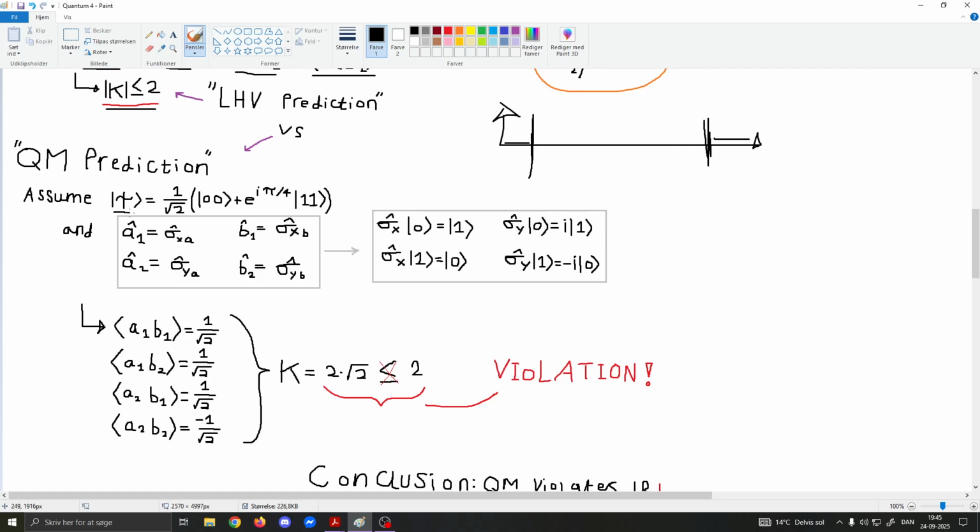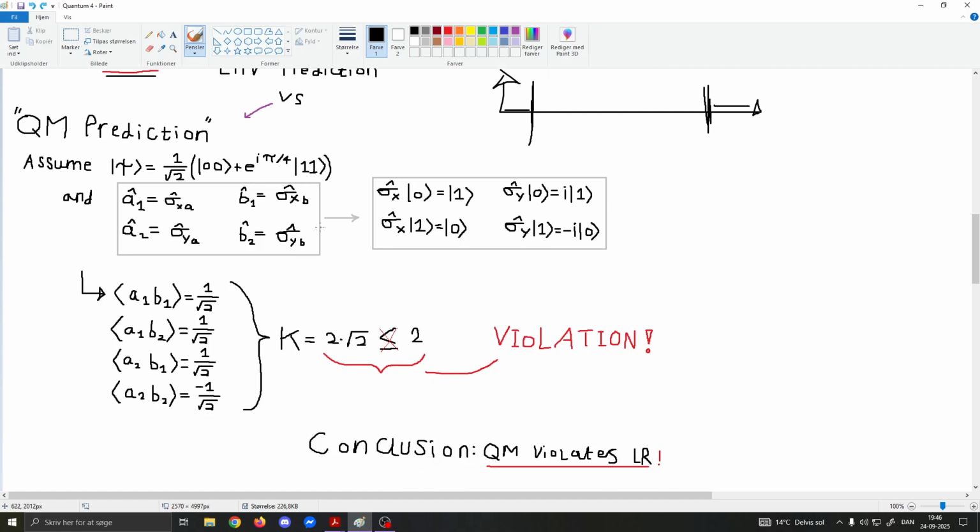So let's take this state right here. This is a state that's very convenient to calculate, which is 00 or 11 with some relative phase on it, which is e to the i pi divided by 4.